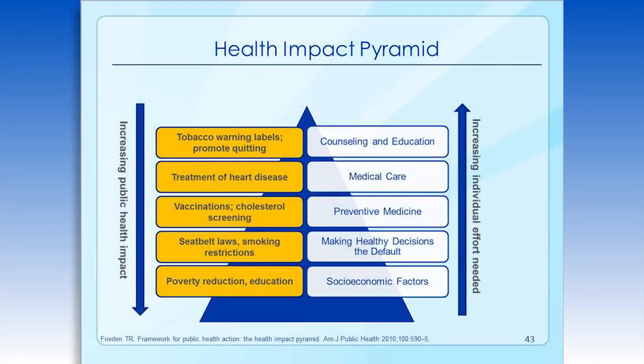The next level down on the pyramid is where we make decisions the default by changing the context in which behaviors occur, and it makes it more difficult to avoid the intervention. So for example, changing laws to require seatbelt use, making it easier for people to wear their seatbelts, because if you don't put your seatbelt on, you get this really annoying beeping noise until you put it on.